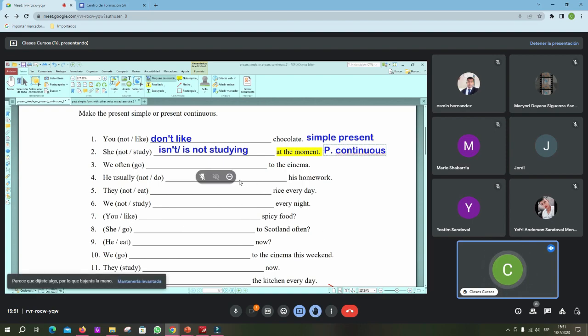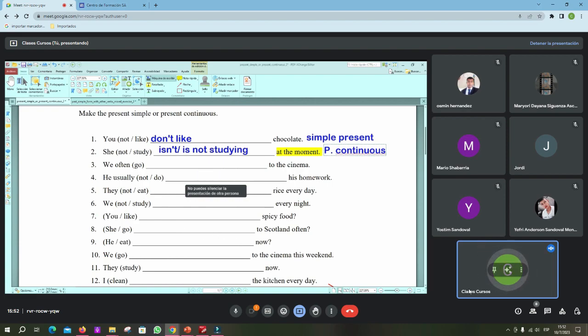So try to use the correct form. Put simple present or present continuous in the following sentences, right? So you're going to have 5 minutes, okay? So work on them. Then we're going to check them together, okay? So go ahead, guys. Work on those sentences.